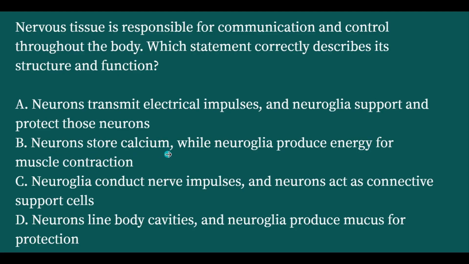B, neurons store calcium? No, that's not right. Bones store calcium. Neuroglia produce energy? No, they don't. Our mitochondria produce energy. Neuroglia conduct nerve impulses? Nope, they're the protectors. Neurons line the body cavities? Nope, that would be the epithelial cells.